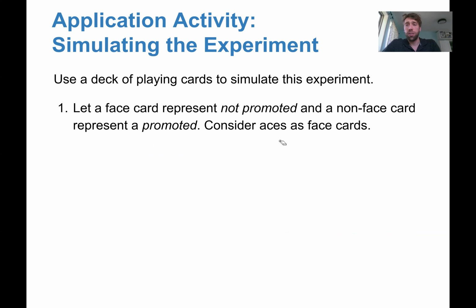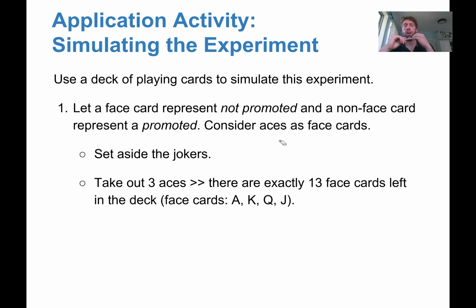All right, so we're going to let a face card represent not promoted, and non-face cards represent promoted. We're going to count ace cards as face cards, and forget about jokers, so take the jokers out. Then we need to make this fit the actual data.